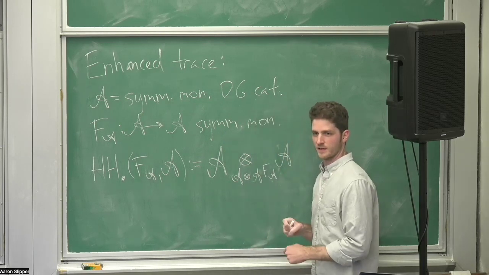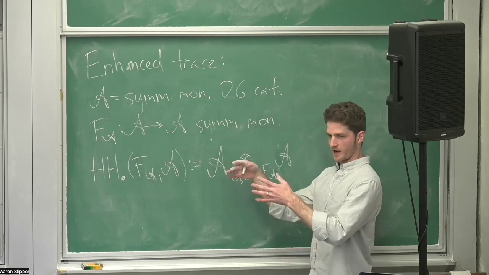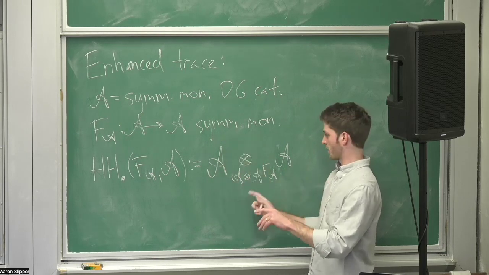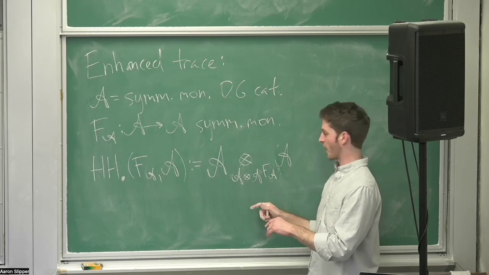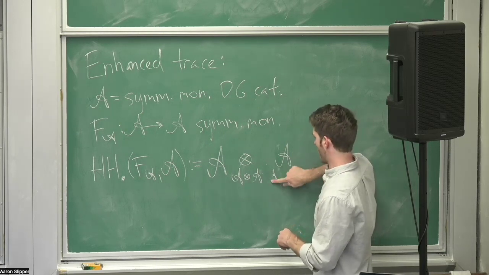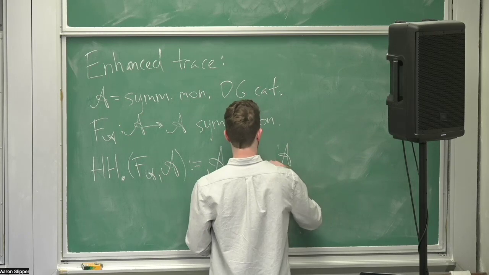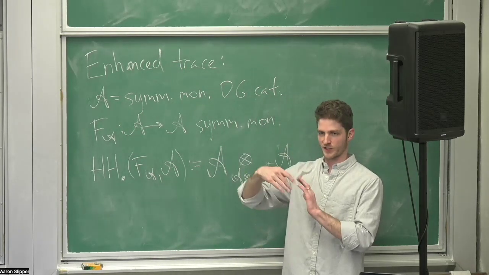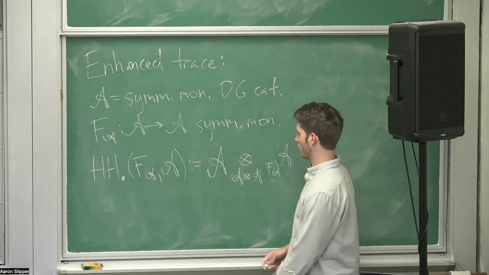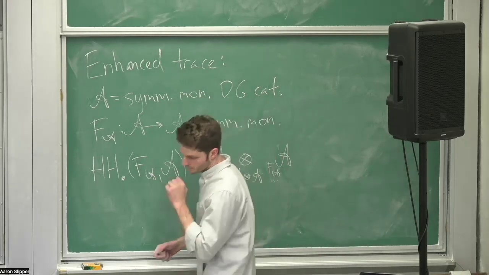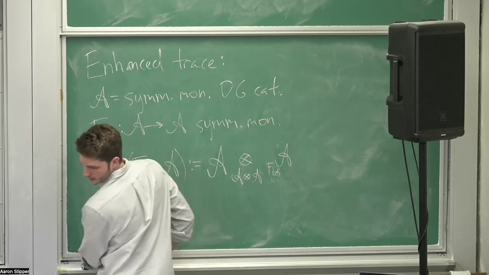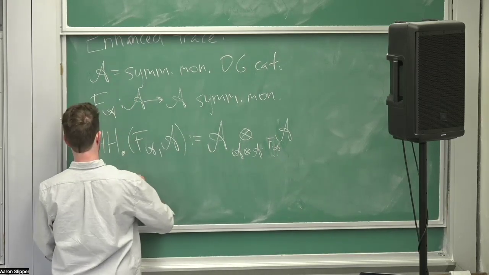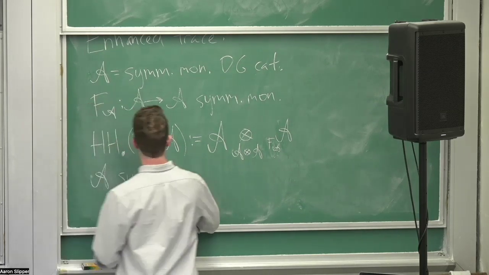Does that make sense? So A acts on itself by multiplication on either side. I mean, the same because it's a commutative algebra, whatever. This comes from the multiplication map, right? And then I can also make A into a bimodule over itself in a different way, where for one of the actions, say the left one, I apply F first. So it's twisted by F. And the fact that A was assumed symmetric monoidal, I could do this certainly for any monoidal category.